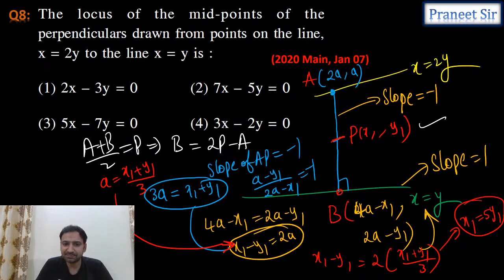So if we equate them, we're getting x1 minus y1 is equal to 2a. But here we calculated slope of AP is equal to minus 1. Slope of AP is what? (a minus y1) by (2a minus x1). So that's correct only, right?